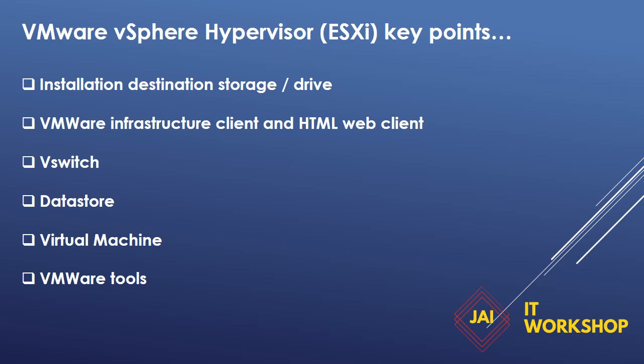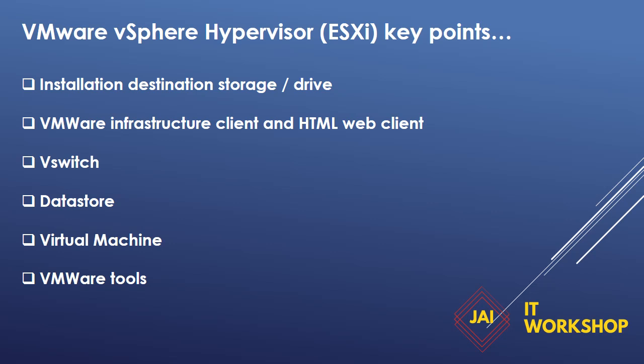VMware Tools are a software product. When you install these tools in your operating system, it starts communicating with the hypervisor. The performance reporting, like your CPU and memory utilization, the hard drive, and the health status of the virtual machine, you can see everything on your hypervisor console in the client.